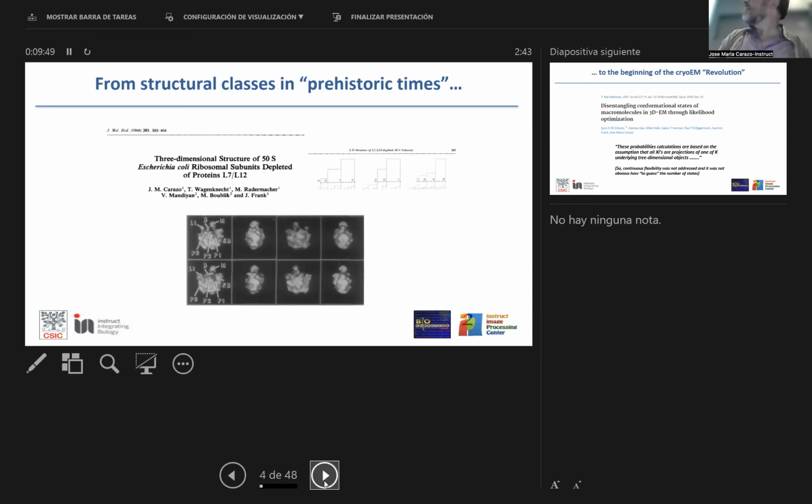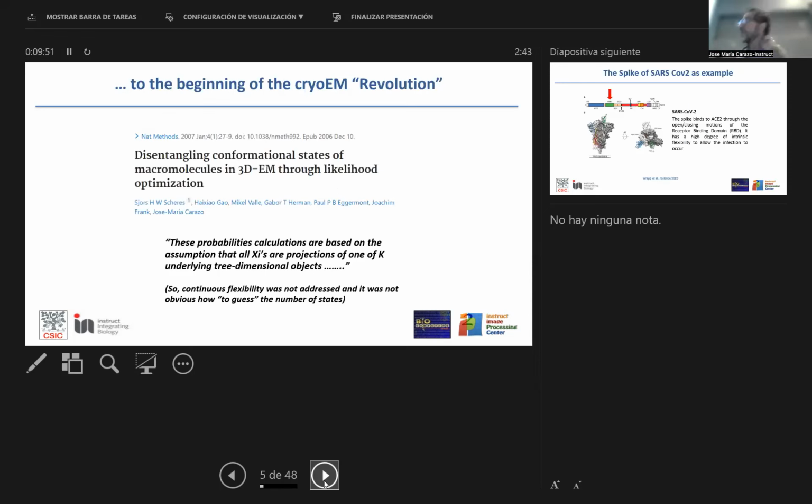We are talking of the 80s. And then the whole thing really changed when we introduced the maximum likelihood approach in cryo-electron microscopy, which had been so successful in crystallography. The problem is different, it is not the phase problem, but we introduced it for the sake of understanding the a posteriori assignment of geometry to the particles, to the macromolecule.